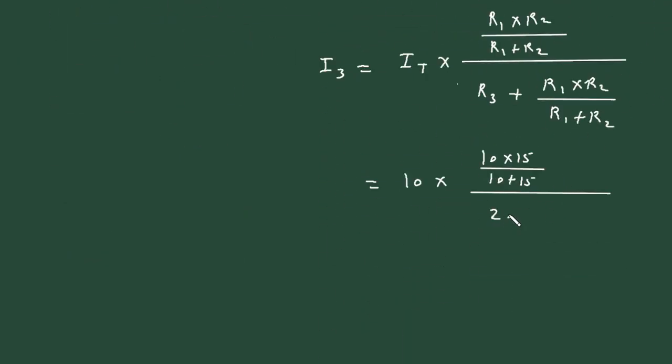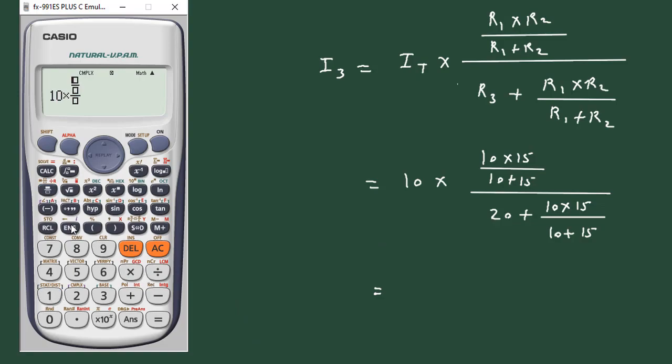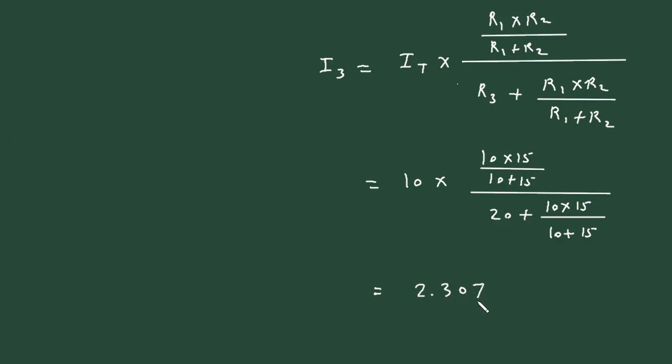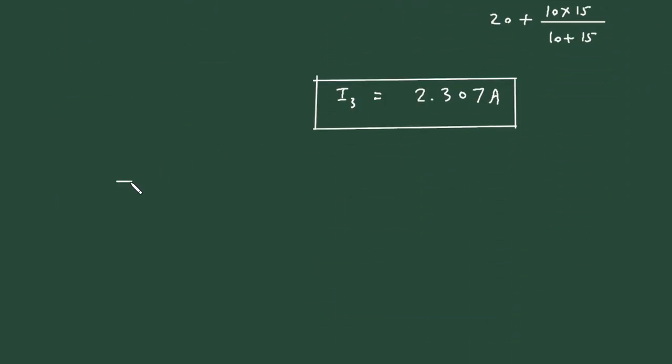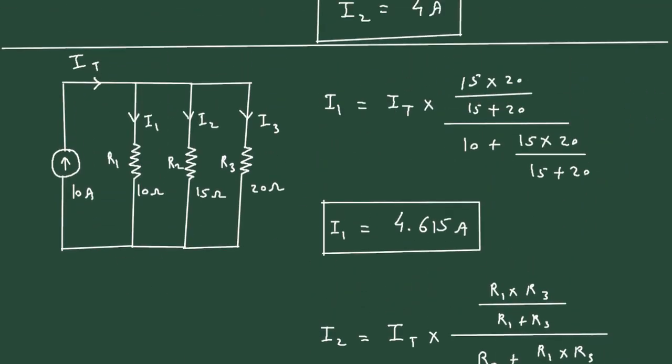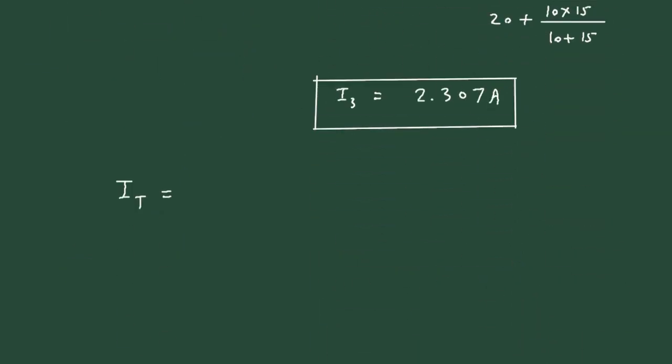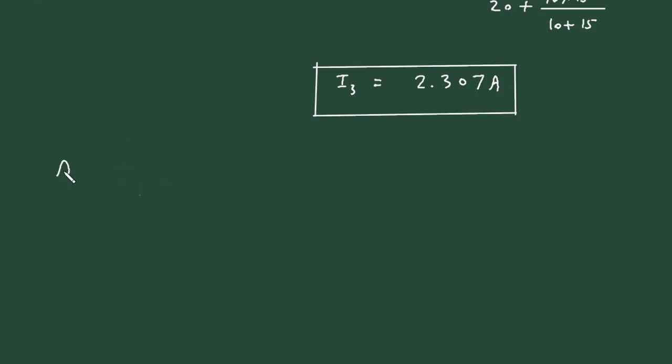Now this is for when two resistors are connected in parallel. Now what if there are three resistors connected in parallel? That time, let's say this is a current source. This is one more resistor connected in parallel.